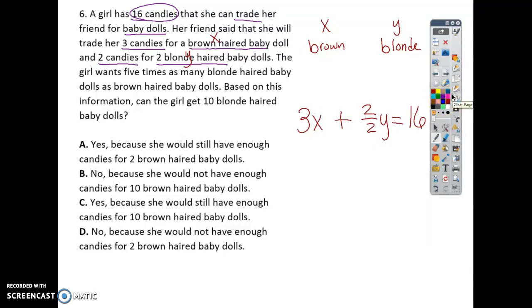The next equation. The girl wants 5 times as many blonde ones, those are Y's, as the brown ones, that's X. What does she want more of, the blonde or the brown? The blonde, so it's going to be Y equals. Whatever she wants more of, that's going to be equal. 5 times as many of the brown ones.